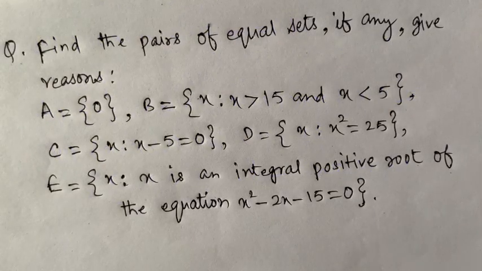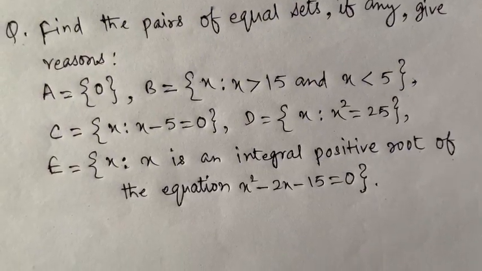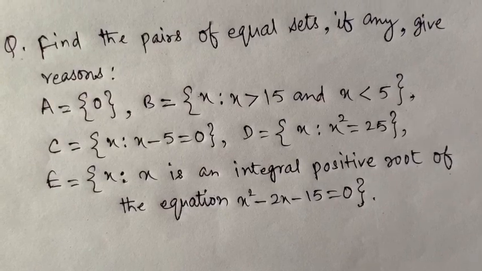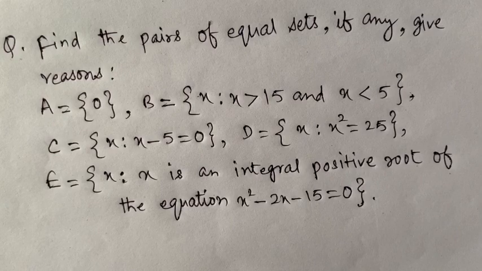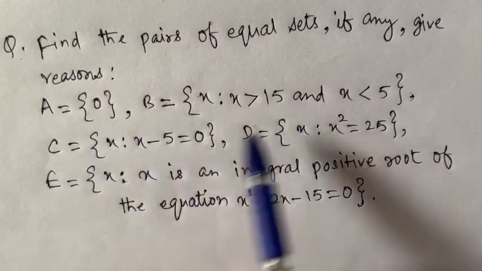Let us consider another question. Another question reads like, find the pairs of equal sets, if any, given here. Now we need to get pairs of equal sets out of these sets given here.